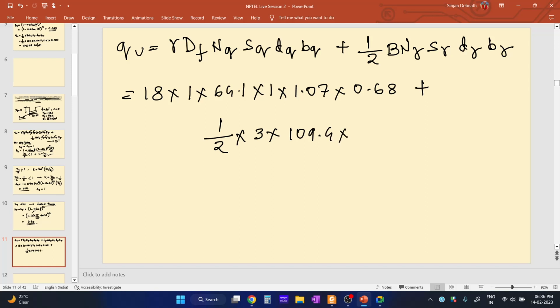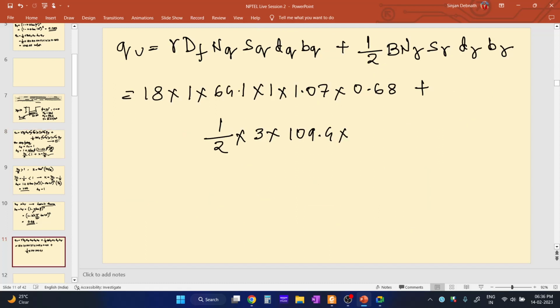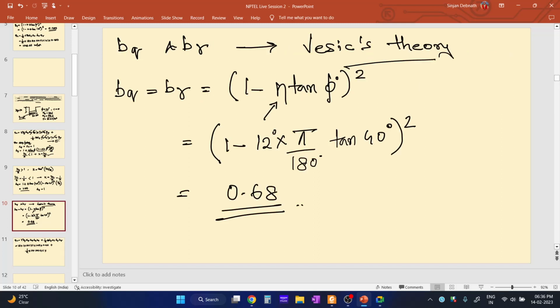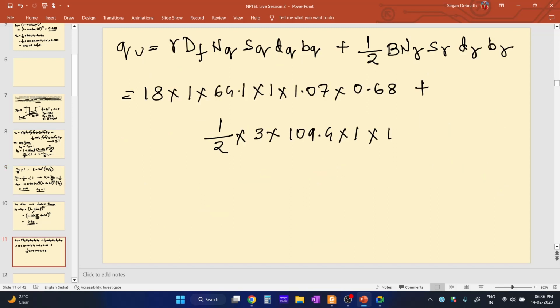109.4 into what is the value of S gamma? S gamma is equal to 1 for strip footing. So S gamma is 1. What is the value of D gamma? D gamma is 1 for strip footing. For basic theory, in case of strip footing, D gamma is equal to 1.